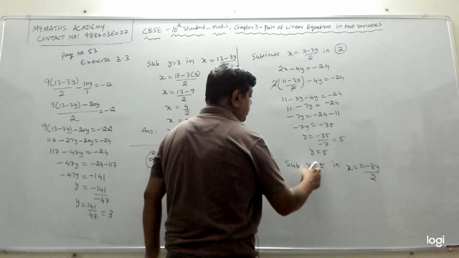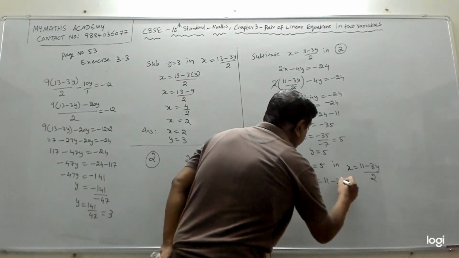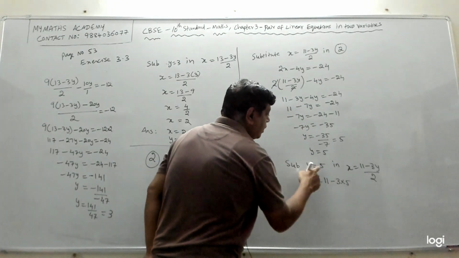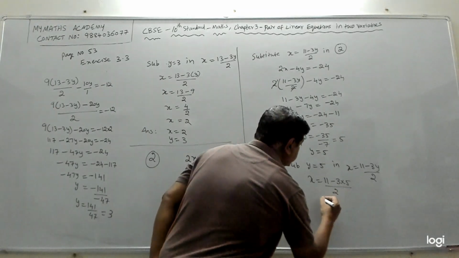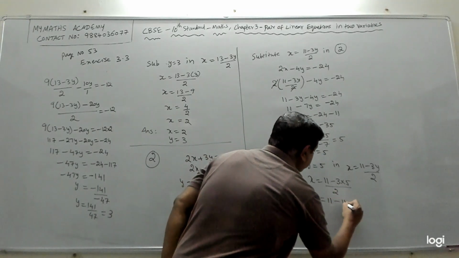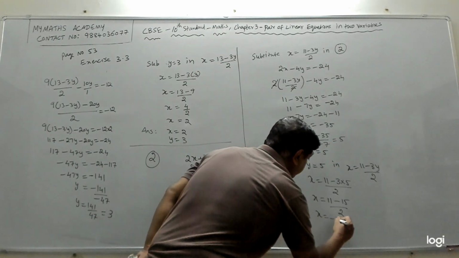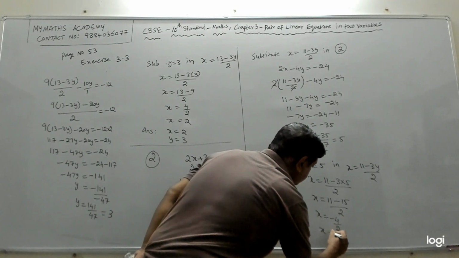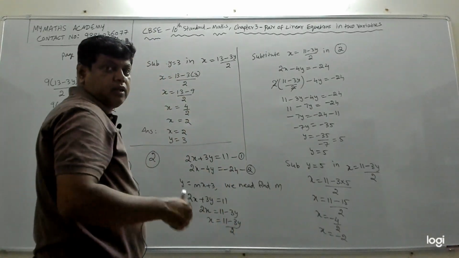So if you substitute y equal to 5 here, x becomes 11 minus 3 into 5, in the place of y I am substituting 5, by 2. That gives 11 minus 15 by 2. So x becomes minus 4 by 2, which means x is minus 2.